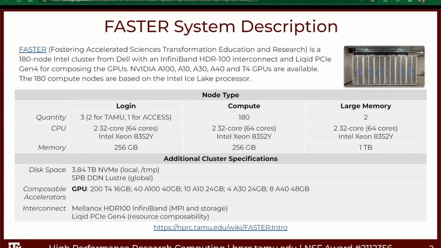So coming to the nodes, we have login nodes which you will be using to submit jobs for the supercomputer, and there are compute nodes where the actual computation happens, and there are also two large memory nodes which will have 1 TB memory, and the other compute and login nodes usually have 256 GB of memory.